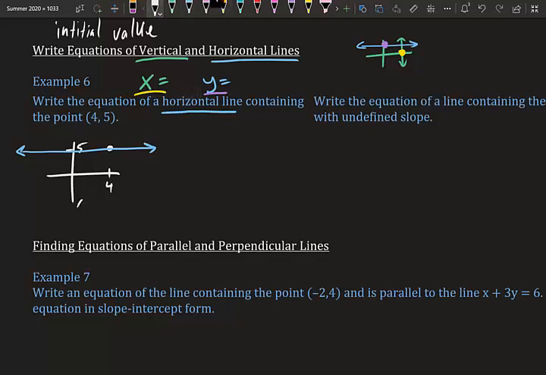Remember, x-axis, y-axis, so it crosses through the y-axis. We're going to have y equals, and the y it crosses through is 5. Y equals 5. You don't even need to draw that picture. If it says horizontal line, it's y equals whatever the y is in that point.